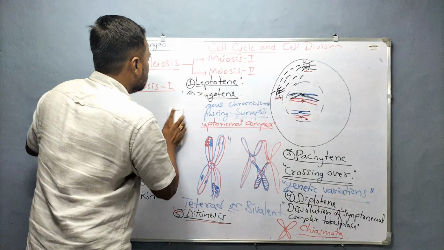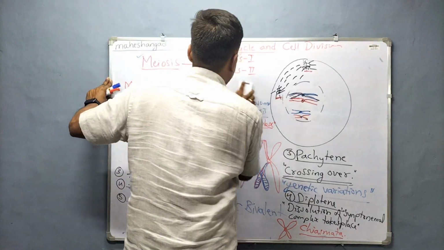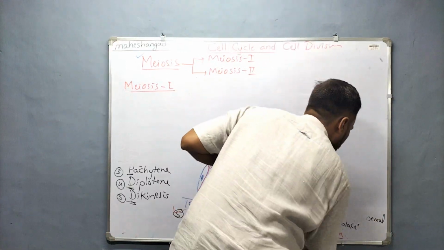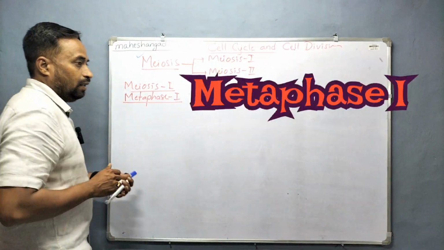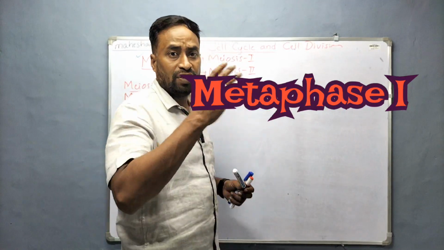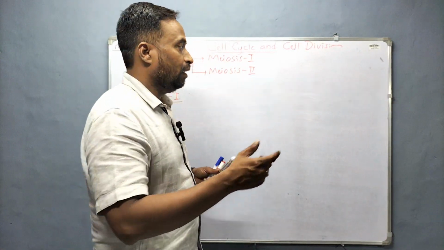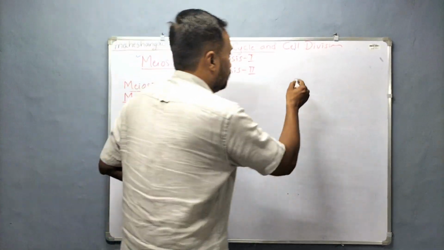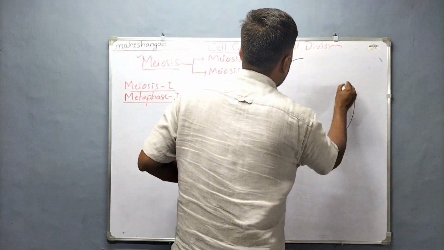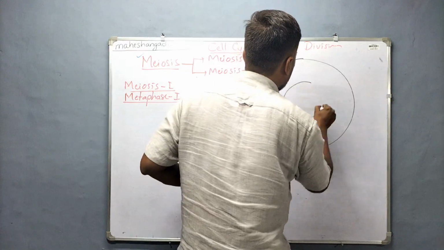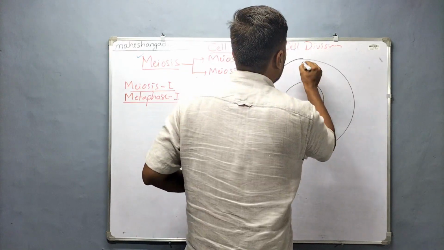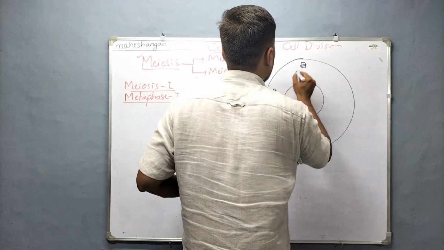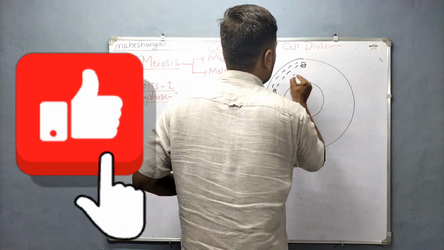Here in meiosis 1, we are going to talk about metaphase 1. During prophase 1, 5 subphases took place. Under the last phase, diakinesis, see what changes occurred. The centrosomes started moving towards the opposite poles.